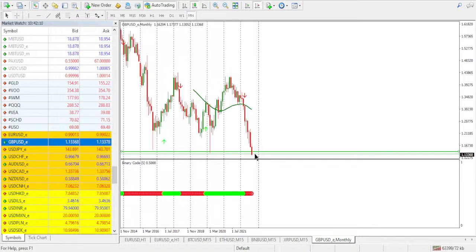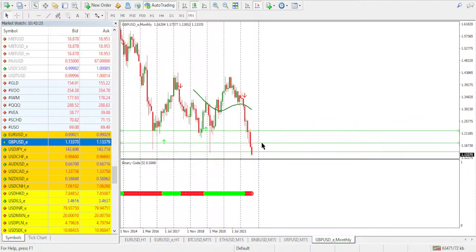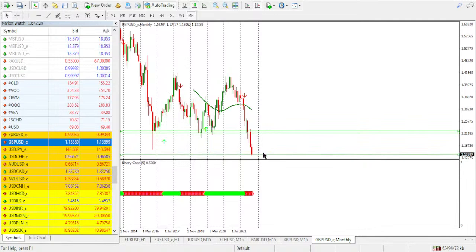So if the current year's candle closes somewhere below, then come next year we do expect some correction. So we expect the British pound to correct itself upwards, at least up to this point here. So we may see price pull back after the end of this year back to this point here.